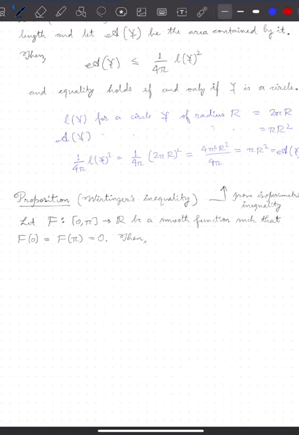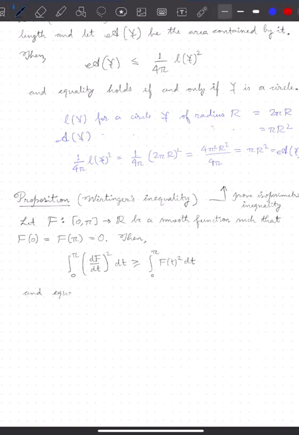Then the integral from 0 to pi of df by dt whole squared dt is greater than or equal to the integral from 0 to pi of f of t whole squared dt.